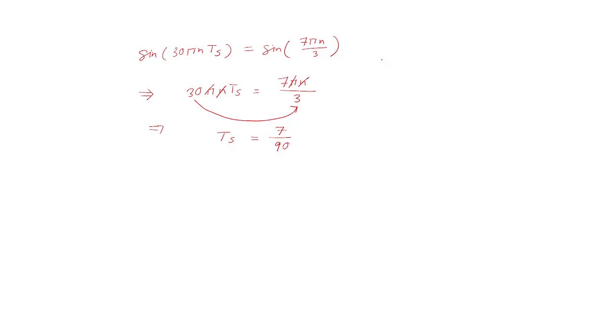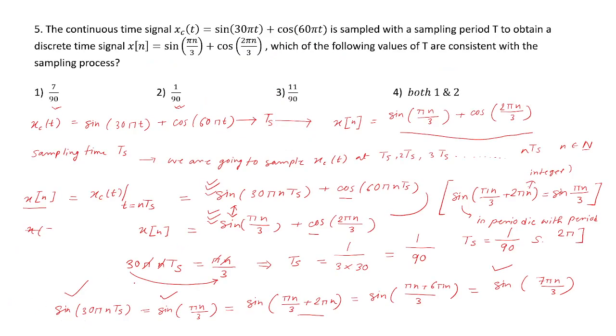So earlier we got ts is equal to 1 over 90. Actually both answers are correct. See the question that it asks, which of the following values of ts are consistent with the sampling process.